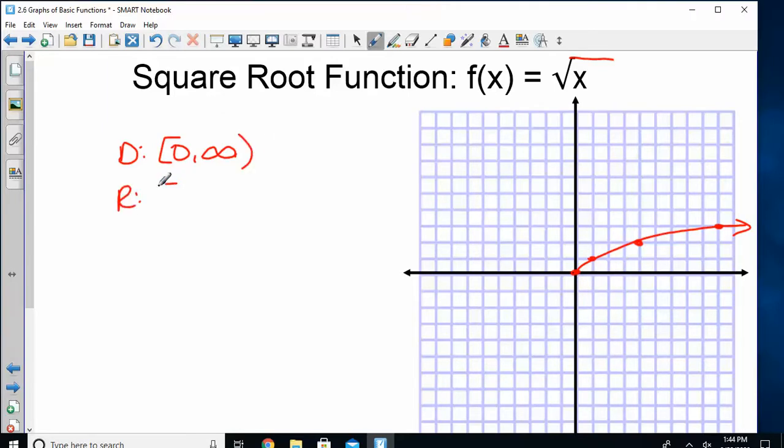So the range is the same. Is this increasing, decreasing, constant? Increasing. Good. Questions there?